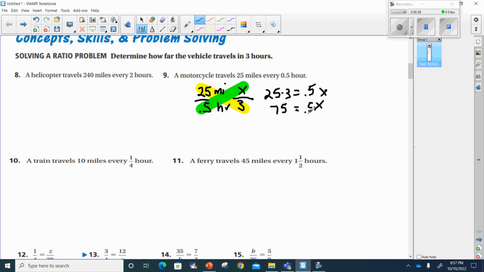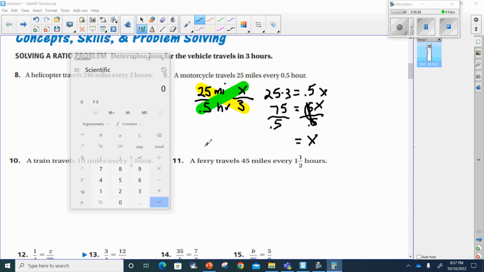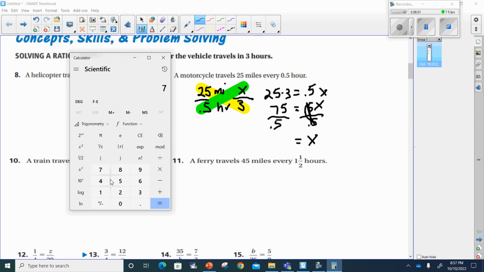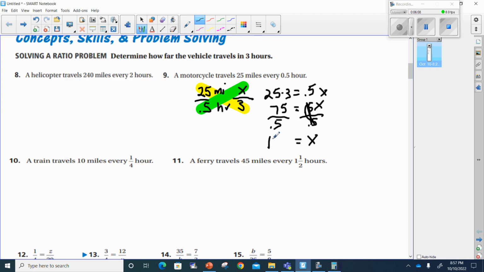Remember, I have to divide 0.5 away to get x by itself, which means I have to divide 75 by 0.5. This is gone now, so x is by itself. I can use my calculator to solve this pretty quick. We're going to take 75 and divide it by 0.5. That's going to give us 150. So that's 150 miles, right?